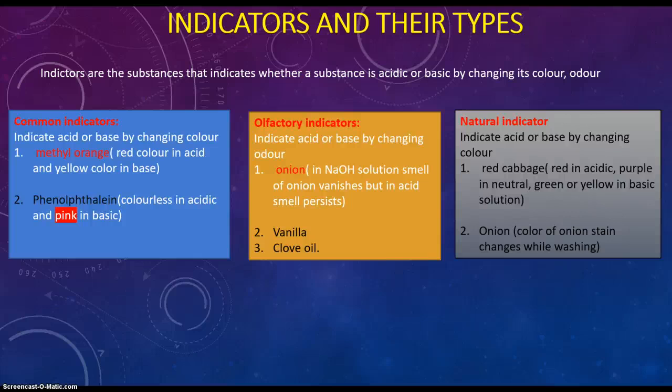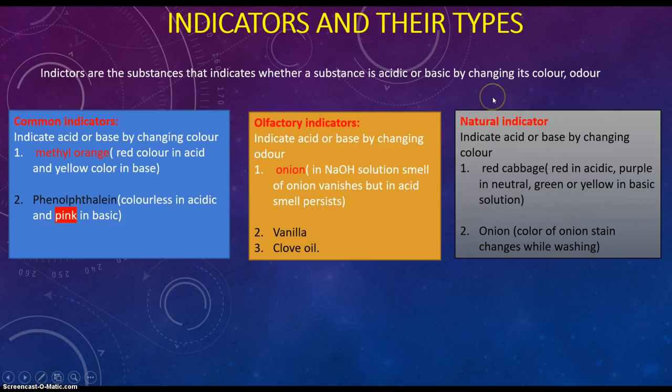But if we put onion in an acid solution, then the odor still persists in that system, right? So onion is one kind of indicator that can indicate the presence of acid or base by changing its odor. Like onion, other examples of olfactory indicators are vanilla and clove oil.